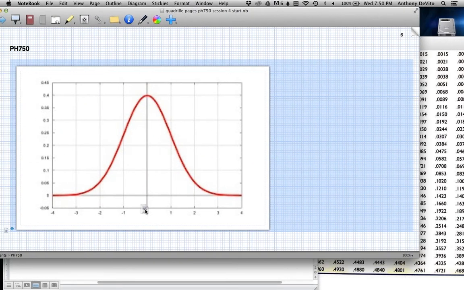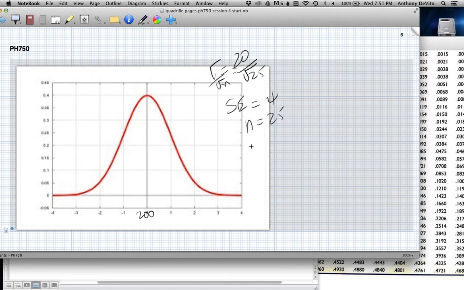Here's our sample distribution. We expect it to be centered at 200, and the standard error we know is equal to 4. We got that from the standard deviation over the square root of n: the standard deviation of the population, 20, divided by the square root of the sample size, 25.